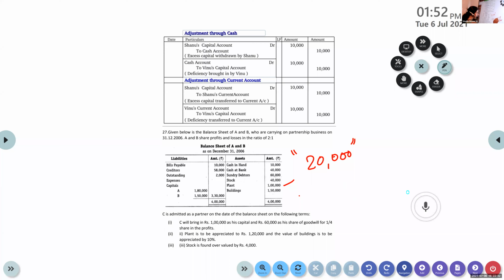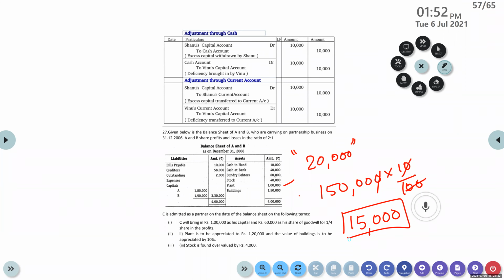We do this calculation and find out that 15,000 has to be increased. Okay, so 15,000 should be increased. Value increases by 15,000.